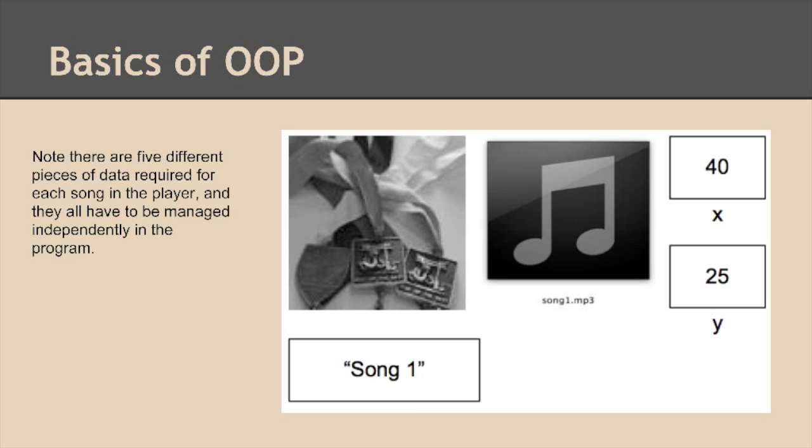But in our program, there's more to it than just that. There's also an image that's going to be displayed on the user interface. And that image also has X and Y coordinates that need to be remembered. And also a caption for the image as well. So all 5 of those things then together really represent one song.